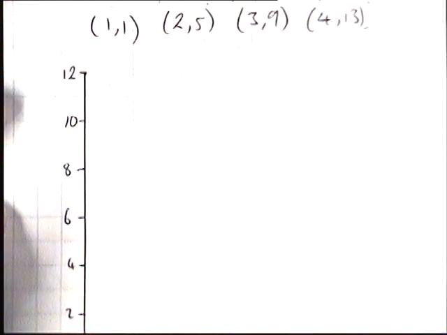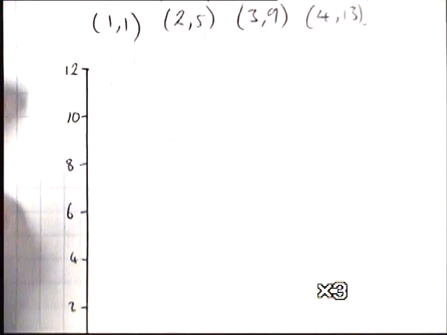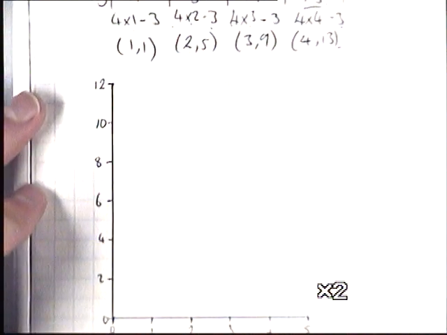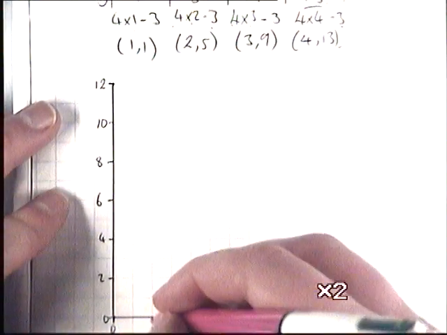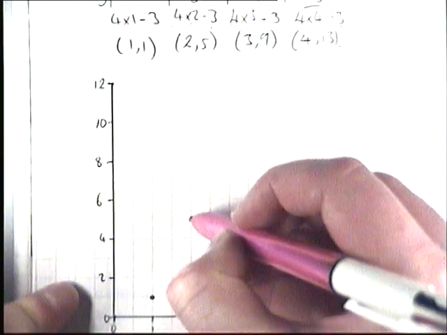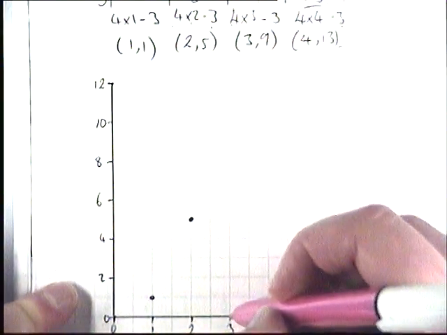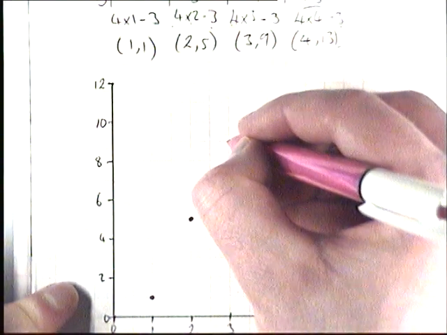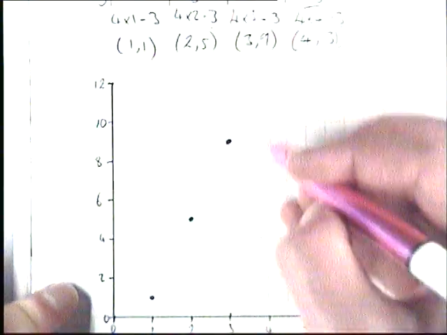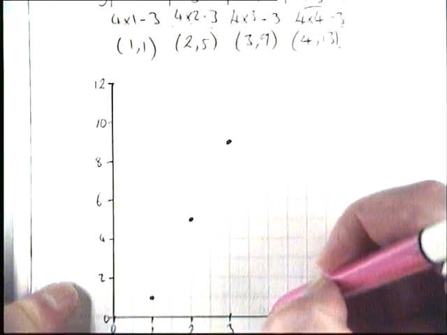So that's what we're plotting. When x is 1, y is 1. When x is 2, y is 5. When x is 3, y is 9. And when x is 4, y is 13.